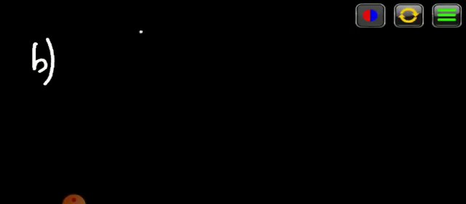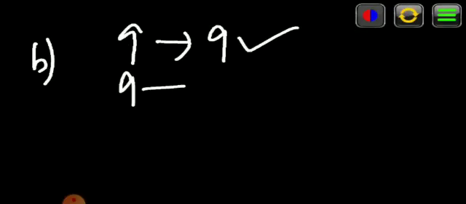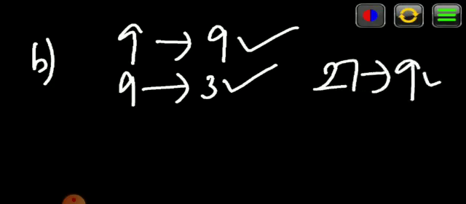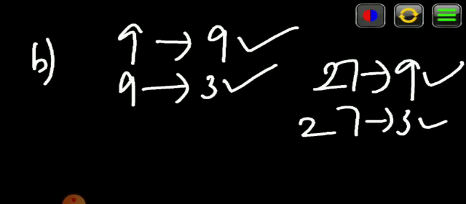So let us take an example. 9 is divisible by 9 and 9 is divisible by 3 also. 27 is divisible by 9 and 27 is divisible by 3 also. So if you take any number which is divisible by 9, you will see that it is divisible by 3 also. Like we have done a property, if a number is divisible by any number, then it is divisible by its factor. This is the same thing. So the statement is true.